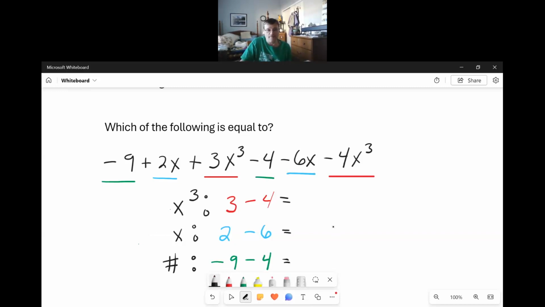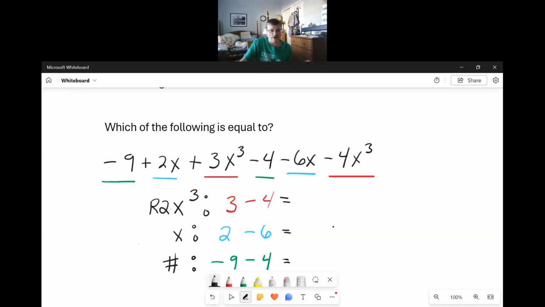So all I did was grab off the frontal coefficients and the numbers by themselves, and set them over here in this nice little list. Okay, so 3 minus 4, this is going to be rule 2. Again, I have those integer rules laid out on my YouTube channel, so go ahead and check out rules 1 through 4 and how we deal with operations on signed numbers.